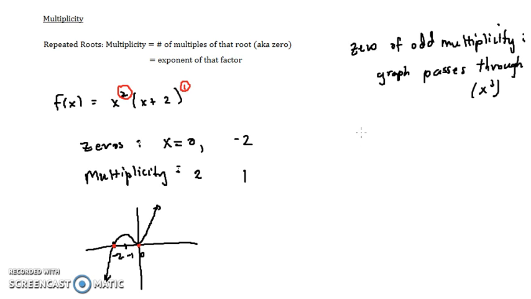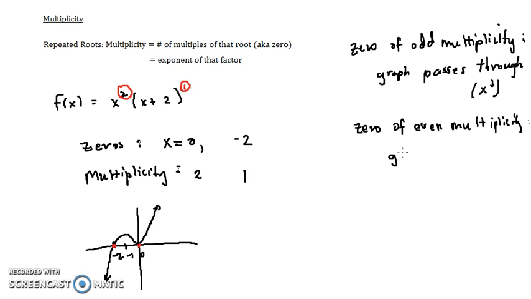When you get close to a zero of even multiplicity, my pen's jumping around a little bit. Hold on, guys. Let's see if I can fix it. Okay. At a zero of even multiplicity, that's right here, when we get in really, really close, what does that look like? It looks like a parabola. So when we get close to a zero of even multiplicity, it looks like an even power function, and we know that even power functions look like parabolas.